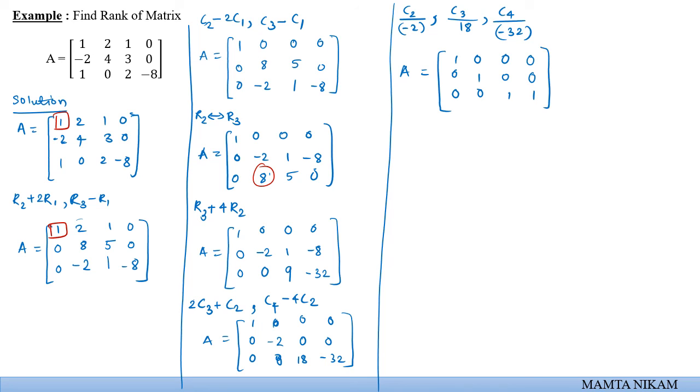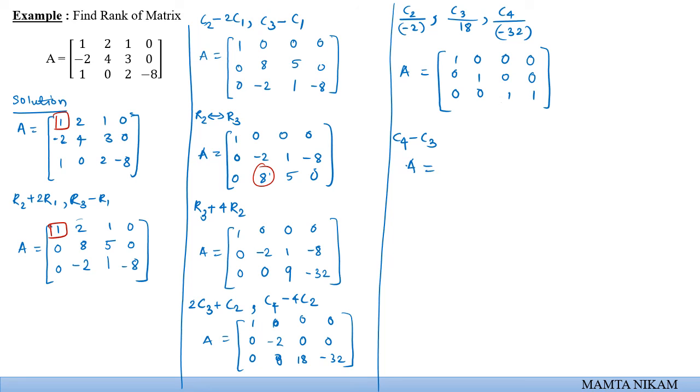And now if you again observe the last row and the last two columns, C3 and C4, they have the same element in the last row. We can perform C4 minus C3, so that this turns out to be 0. This is a column transformation, because the 1 has a 0 next to it.